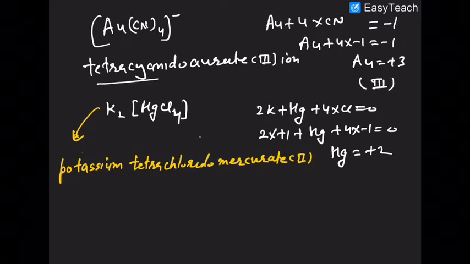You don't have to write potassium 2 or 3 or 4 times. Okay, the cation or the ion outside the coordination sphere should be named only once. That you have to keep in your mind now.